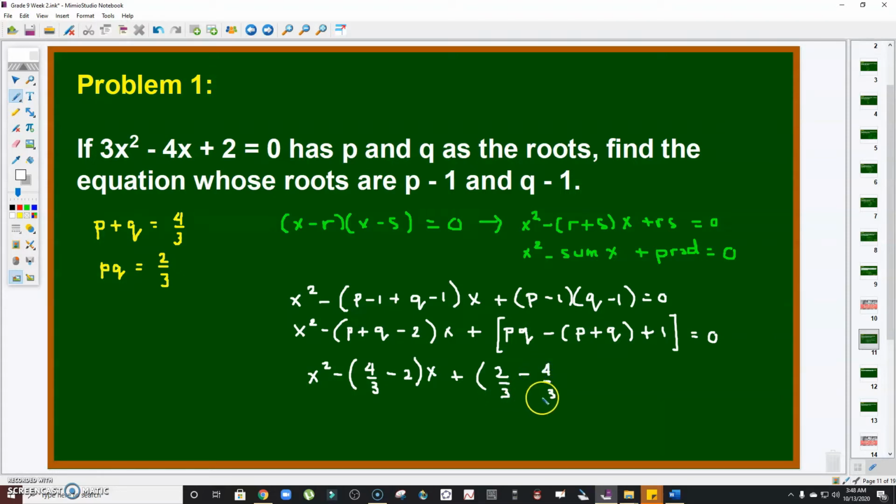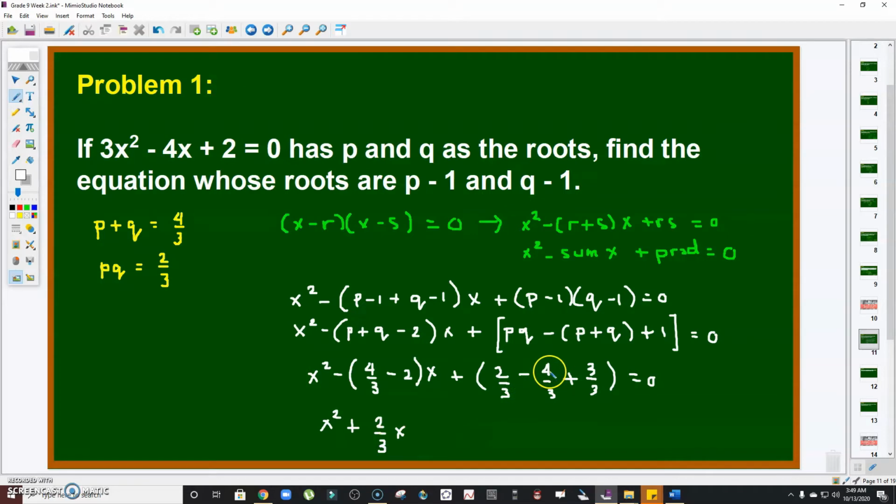Since the denominator is 3, I'm going to write 1 as 3 over 3. That's allowed. So that is x squared, 4/3 minus 2 is 4 minus 6, negative 2 over 3. So negative of negative 2/3, or let me just make it plus 2/3 right away. Plus 2/3 x.